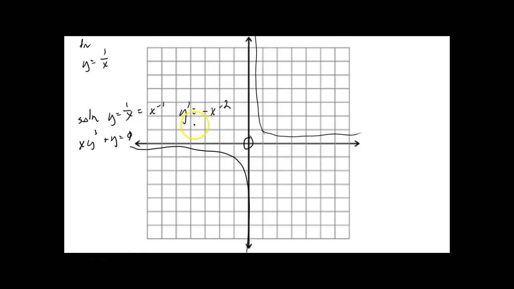Now, if you wanted to, you could rewrite this as minus 1 over x squared. No problem with that. So let's now plug that in for y prime. This will be x times minus 1 over x squared plus y, which was 1 over x.